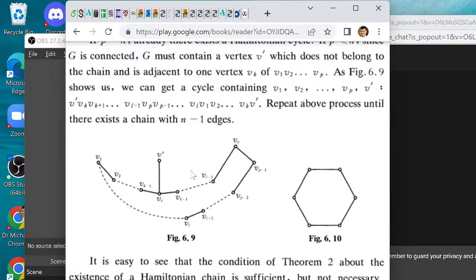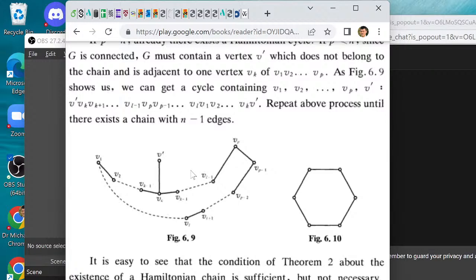So you do V prime, VK, VK plus 1, that's one of them, all the way up to VL minus 1, VP.